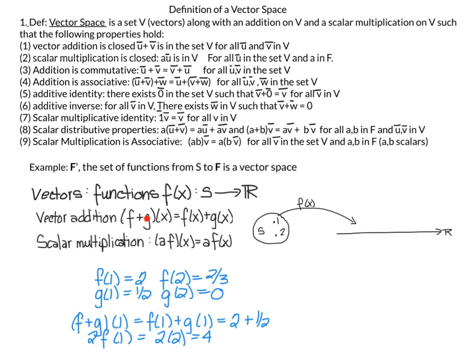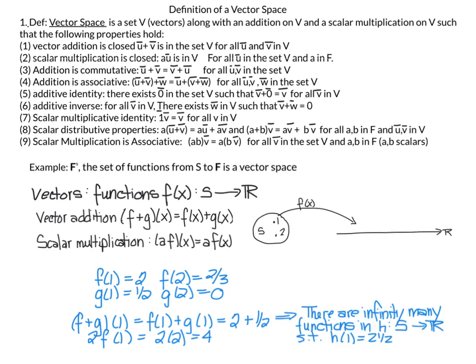My vector addition then, if I do f plus g of 1, that would be f of 1 plus g of 1, so that's going to be 2 plus 1/2. And also for my scalar multiplication, if I multiply by a scalar such as 2 times f of 1, that will be then 2 times 2, which is 4.